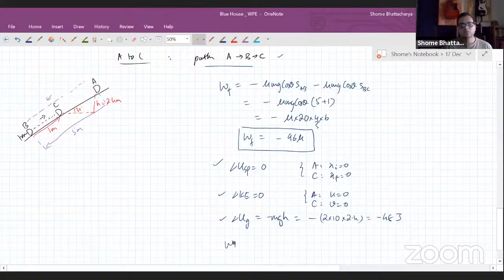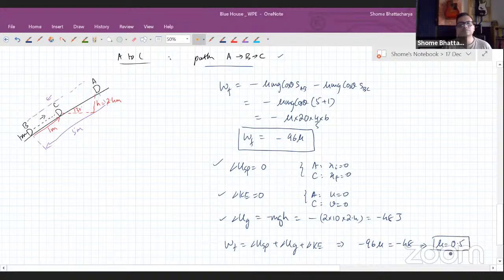So we have work done by friction equal to the change in spring's potential energy plus change in gravitational potential energy plus change in kinetic energy. So we directly have the equation minus 96 mu is equal to minus 48 joules. So mu comes out to be 0.5 directly from this.